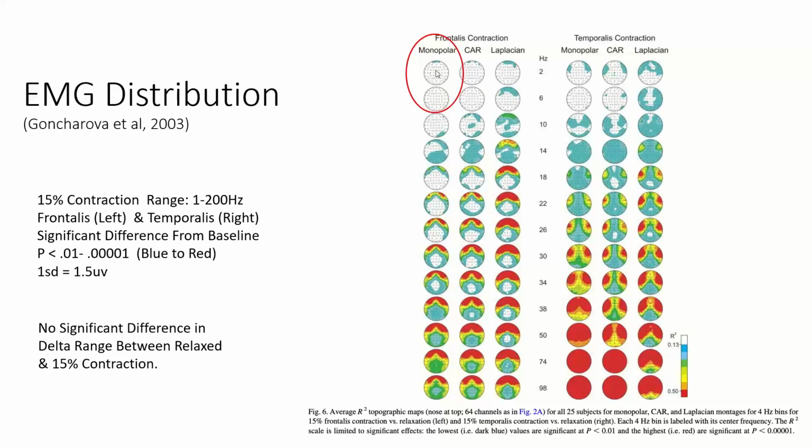And the 0 means that that's baseline, and then p less than 0.01 would be like red, and then p less than 0.00001 would be down here in the dark blue, and that would be really low and insignificant.